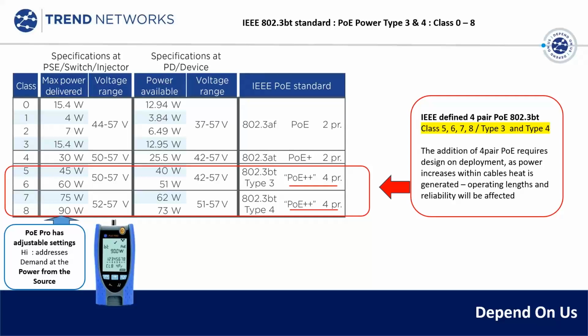The reason for that was just to add more functionality into products, giving them a little bit more power, such as cameras which can do pan, tilt, zoom functions, or maybe powering up a kiosk, a monitor, up to 90 watts.